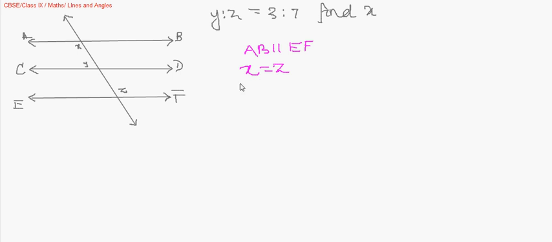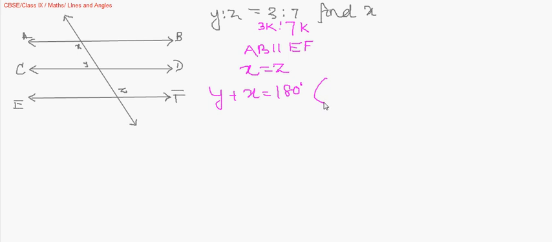In that case, if I am expressing y and z in terms of the constant k, it is 3k is to 7k, I can easily substitute x as z, that is 7k. Now y plus x is 180 because they are interior angles on the same side of the transversal.